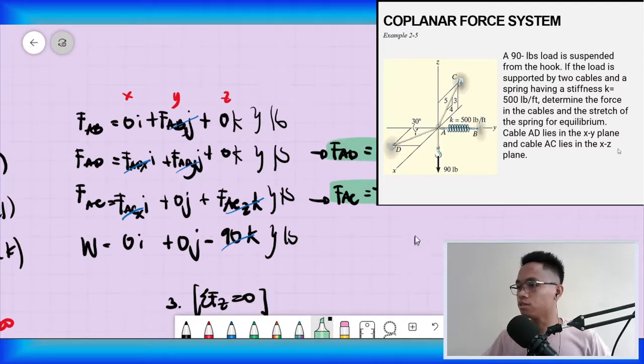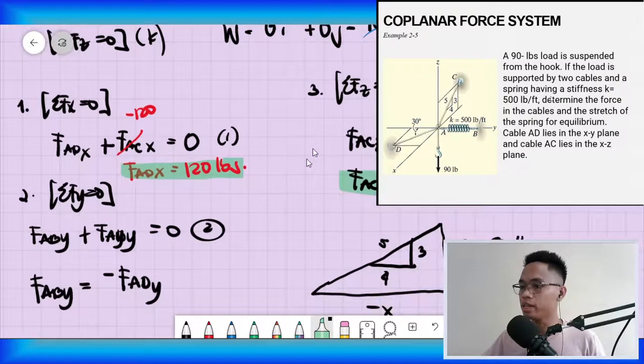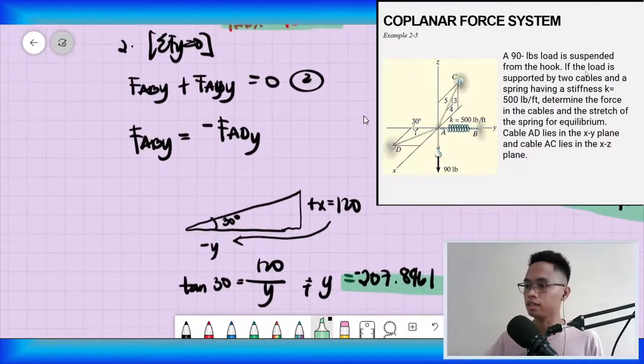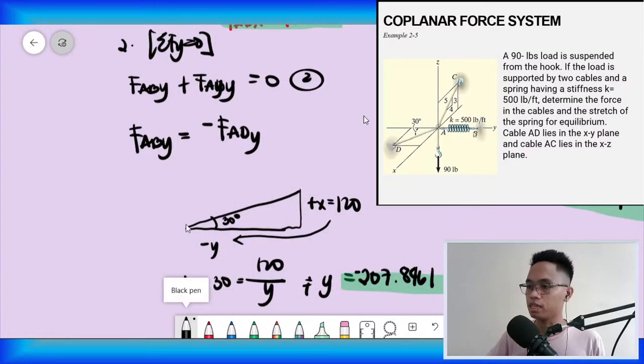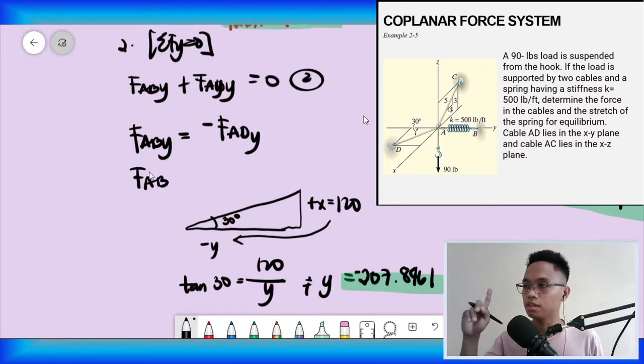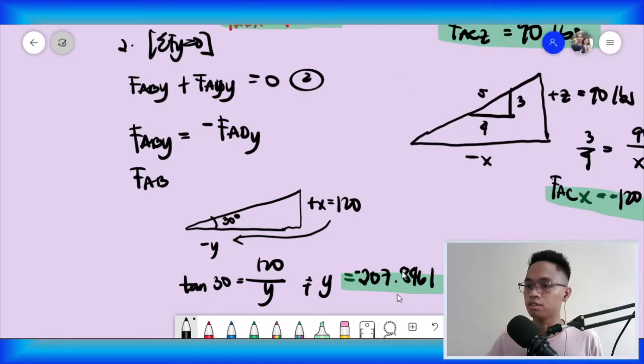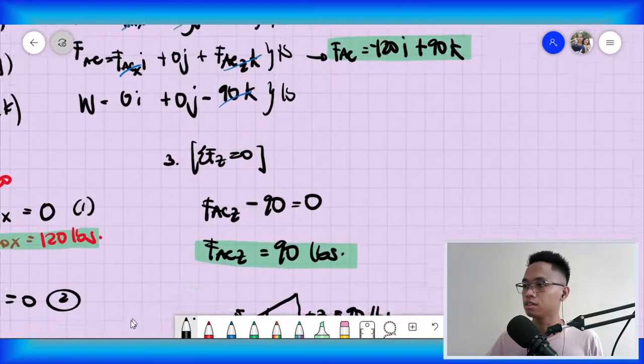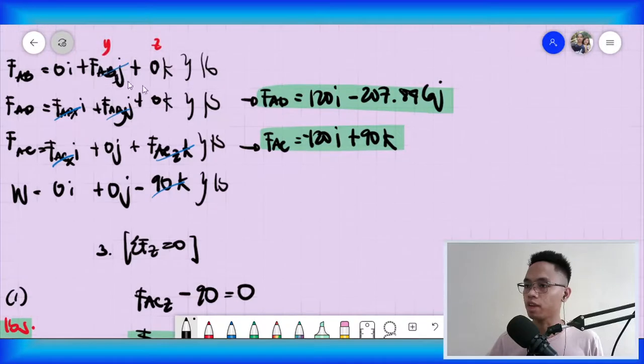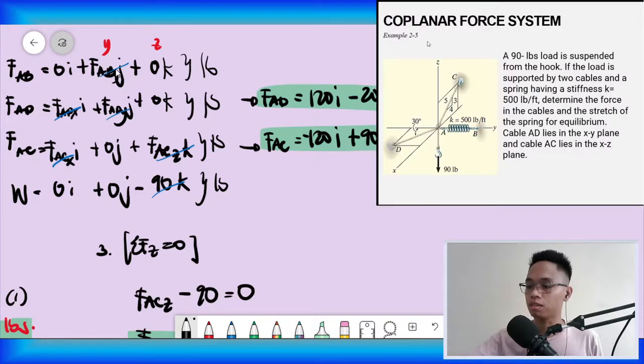So now, we can solve for the remaining unknown, that is your FAB. It is in the Y direction, acting on the positive Y direction.